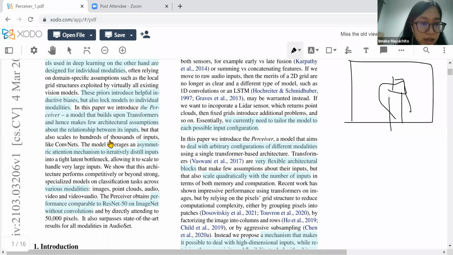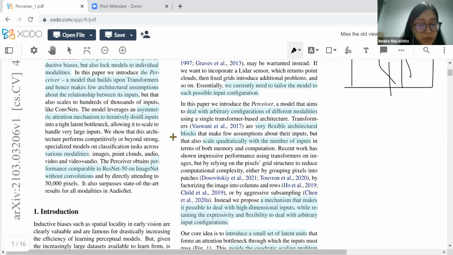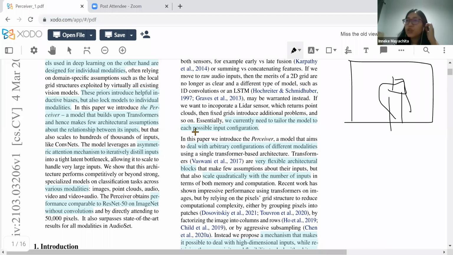This paper introduced a new model called Perceiver that is built based on transformers, an architecture that actually doesn't have these biases. That's why they mention transformers have few architectural assumptions. But transformers have another problem on their own: if we scale the inputs, we get quadratic memory and time complexity.